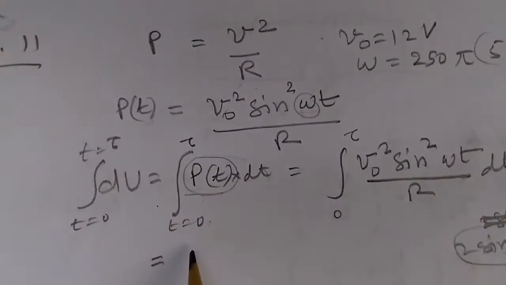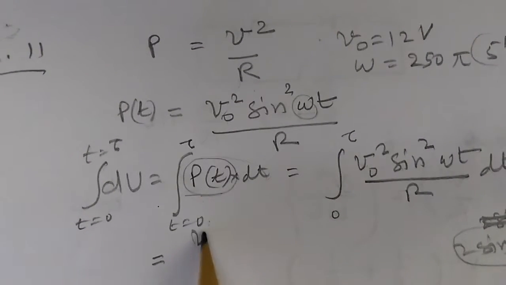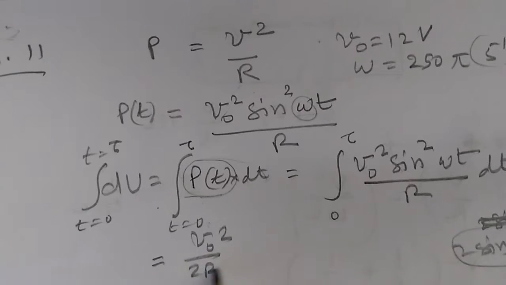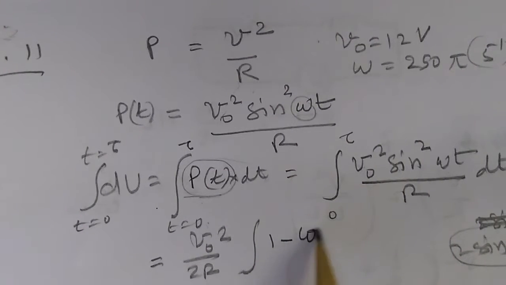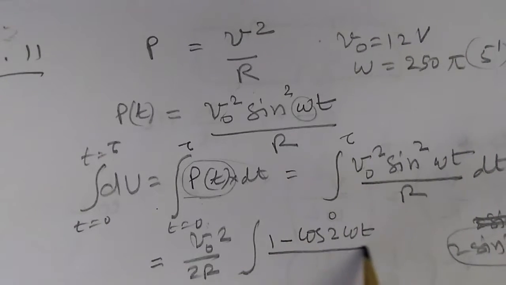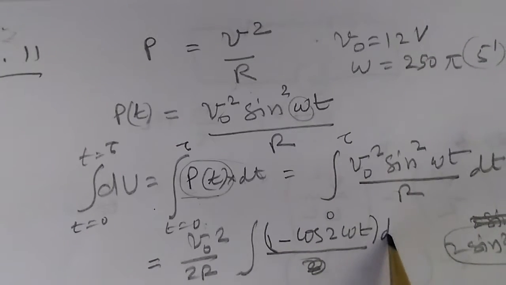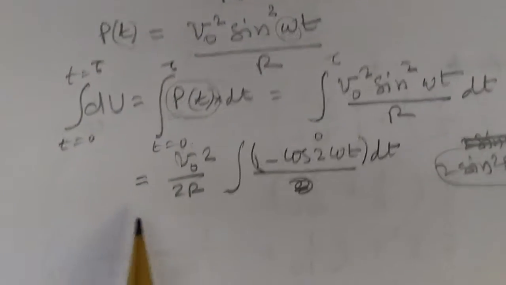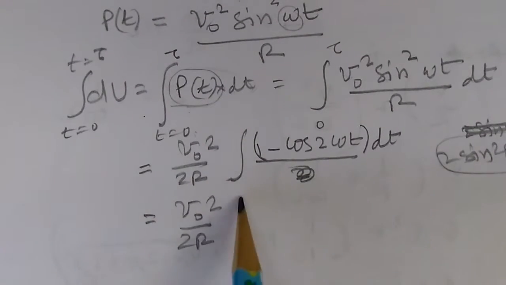So V naught and R stay constant, and this becomes V naught square divided by 2R integral of 1 minus cos 2 omega t dt, as the 2 I have already taken out.